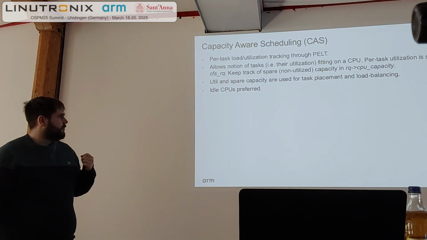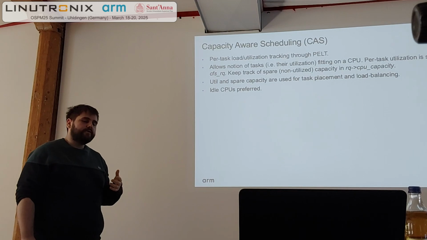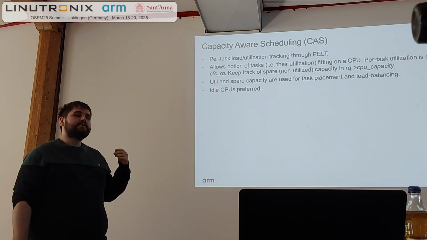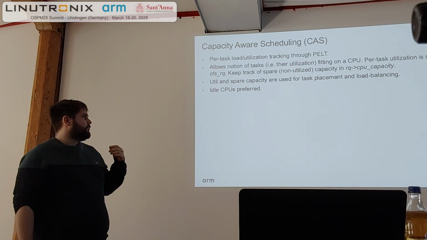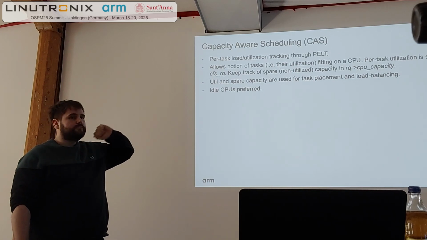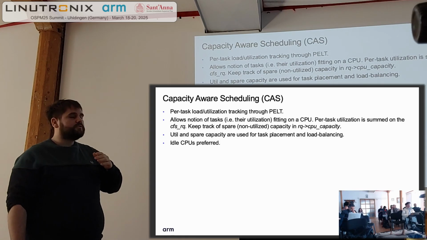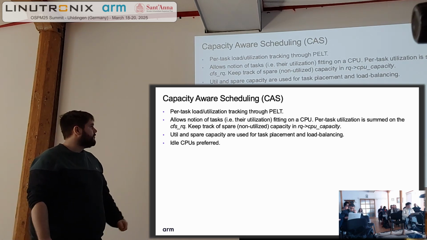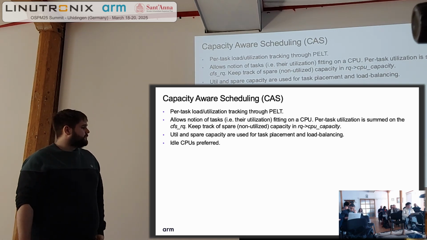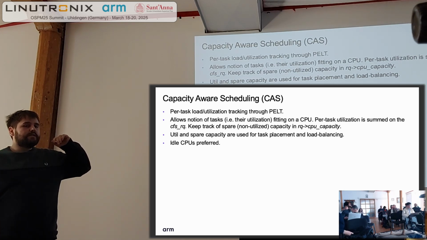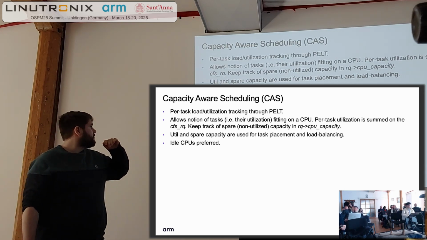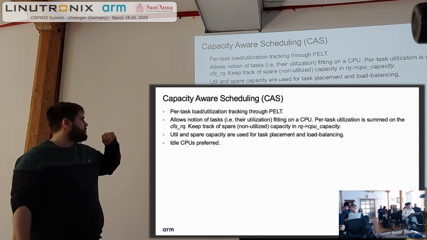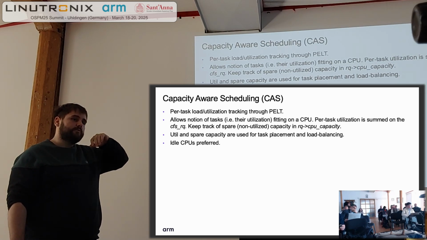Therefore, we can then sum up a run queue's tasks and get a run queue utilization and subtract that by the capacity and track that in CPU capacity, which is the spare capacity then. So how much more can we place on that CPU? Yeah, and the utilization and spare capacity are used for placement and load balancing. And CAS anyway prefers idle CPUs, so it spreads those tasks as well.